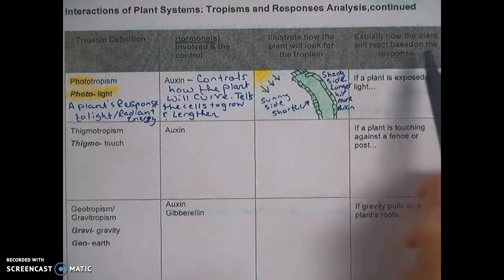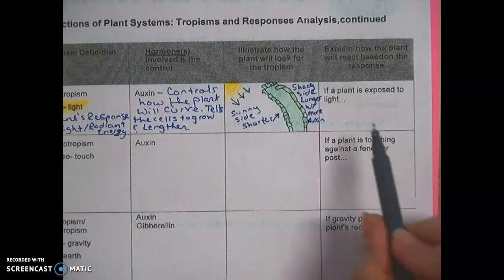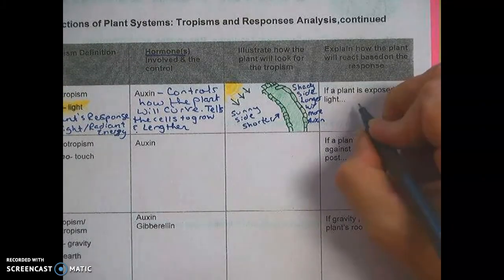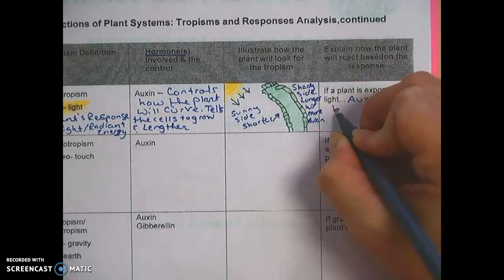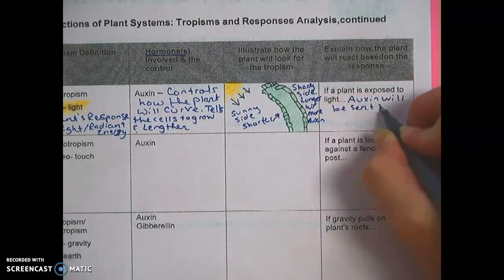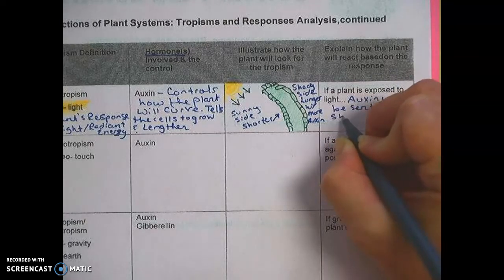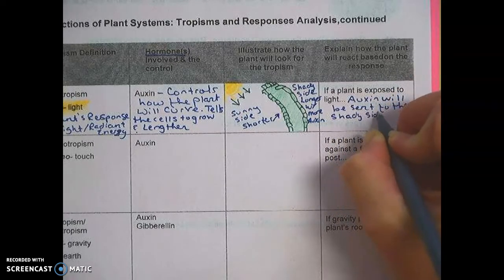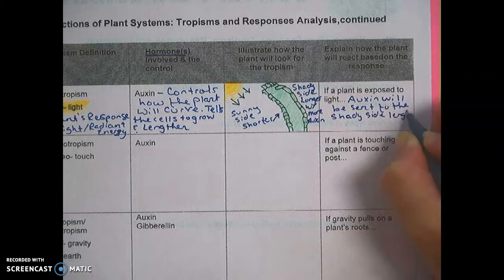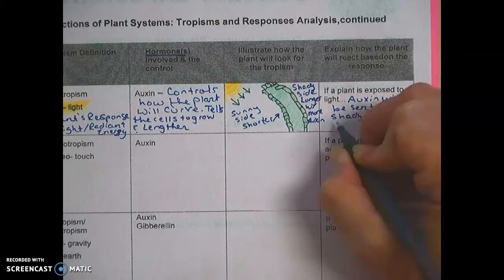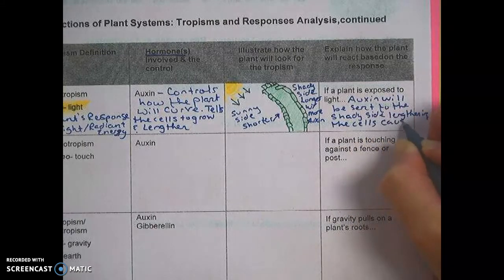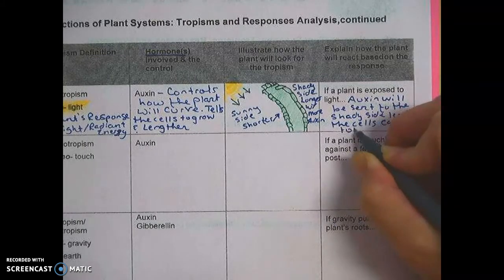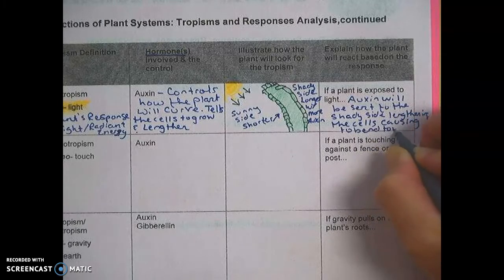Now, explain how the plant will react based on the response. So if a plant is exposed to light, auxin will be sent to the shady side, lengthening the cells, causing it to bend toward the light.